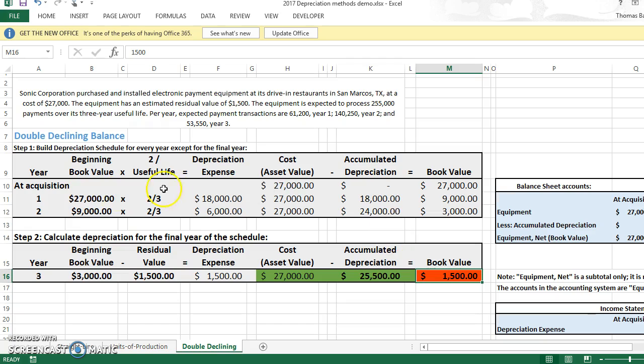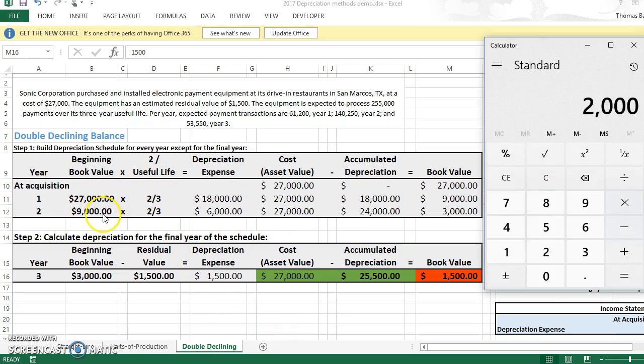What would happen if we used this same formula for year 3 that we did in year 2? Well, what would we do? We would take 3,000, pretend I have 3,000 in a line right here, and I would multiply that by 2/3, and that would give me $2,000 of depreciation expense here.